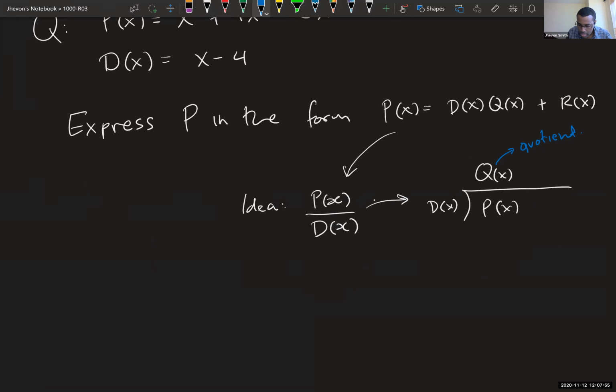The d here, they call it d because it stands for the divisor. And when you go through the process of doing that long division, if you have something that's left over, this is the remainder that is going to end up down here. This is what's left over after you can divide everything.